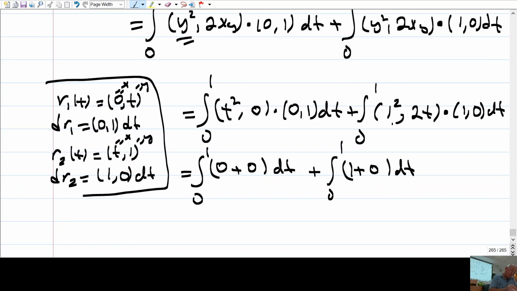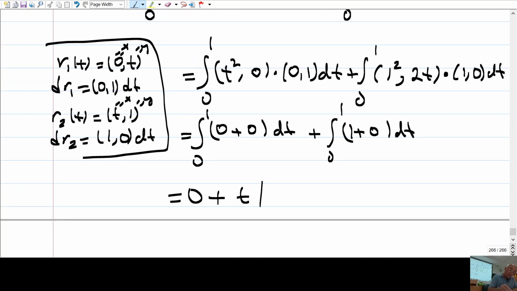So when you multiply it out, you get 1 plus 0. The first integral gives me 0. The second integral is just the integral of 1 dt, which is t from 0 to 1, and this is again 1.